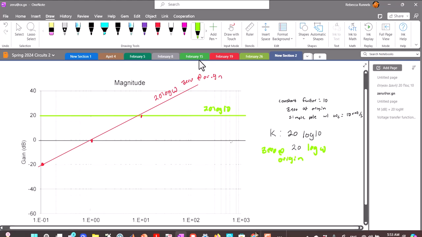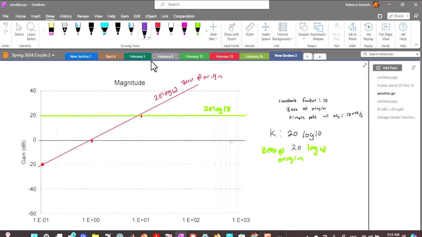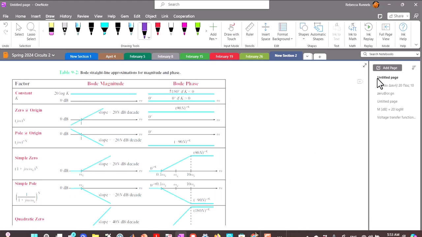Okay, now we have a simple pole, and for the simple pole, we will have a simple pole that will go through omega c and have a slope of negative 20 n decibels per decade.